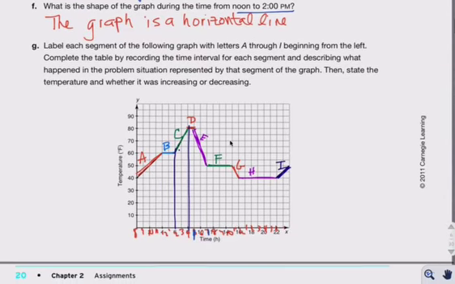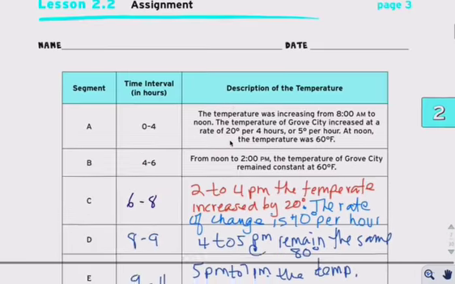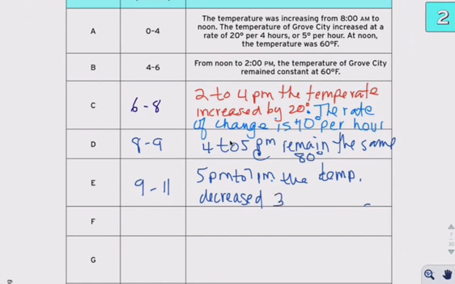Let me check again. The rate of change then is a negative 15 degrees per hour.